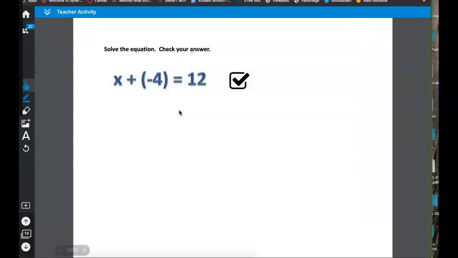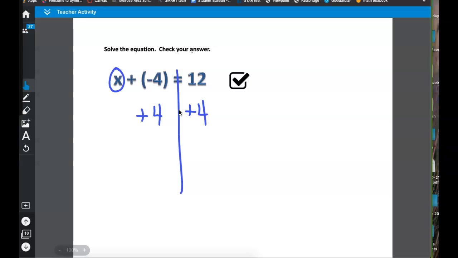Okay, so you should have started by drawing a line by the equal sign. That should be your first step every single time we draw that line. Okay, then I'm gonna circle the x. I need to get rid of the -4. In order to get rid of a -4, I need a +4 on each side.